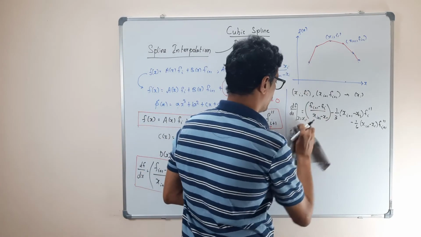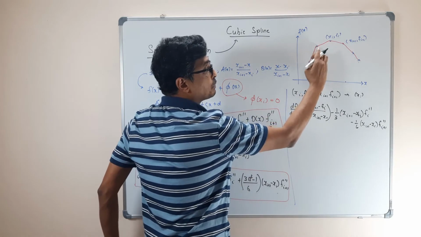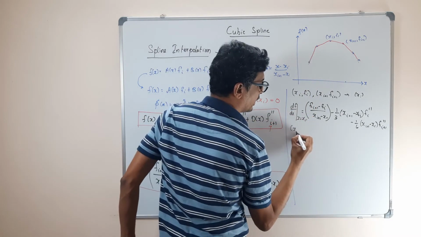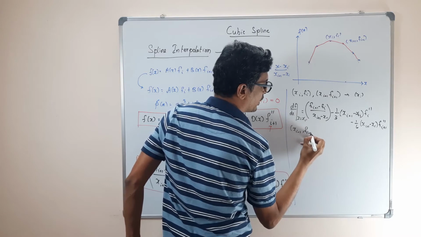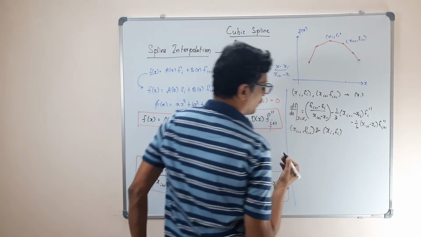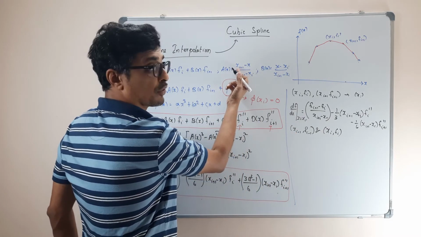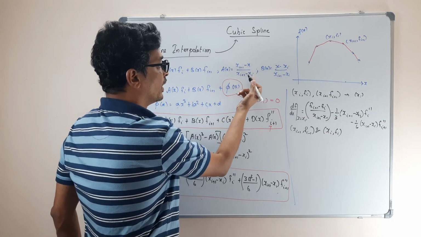Let me remove this one. So I am going to find the derivative at xi using this point and this point, that is xi minus 1, fi minus 1 and xi, fi. So in this case our a and b will change, because in the place of xi plus 1 it becomes xi, and this will become xi minus 1.